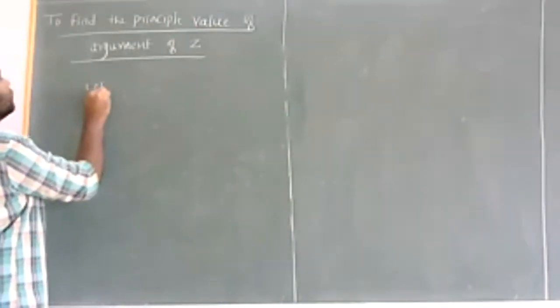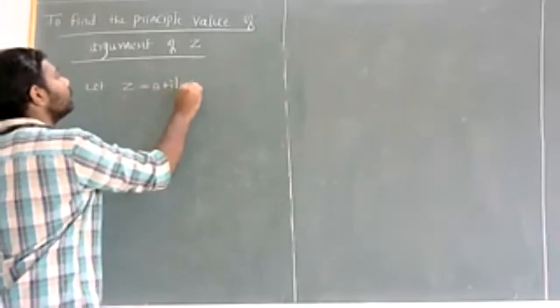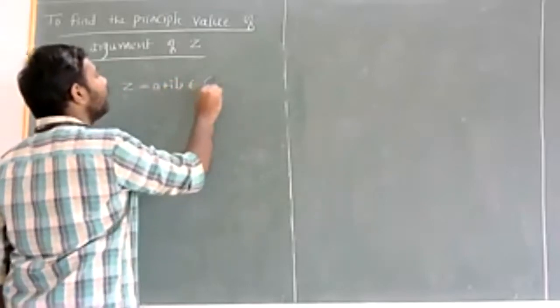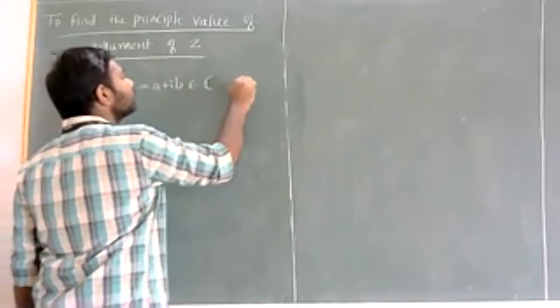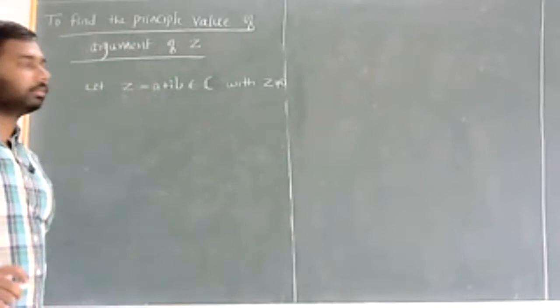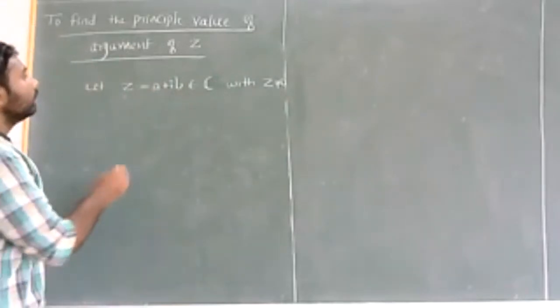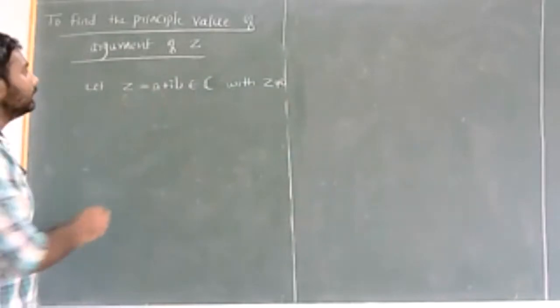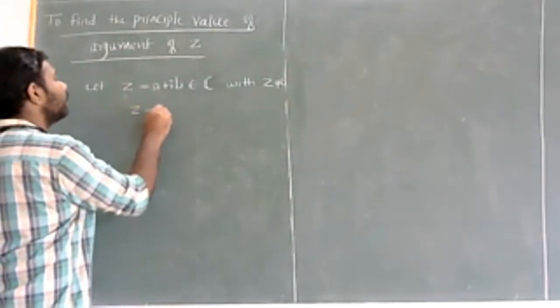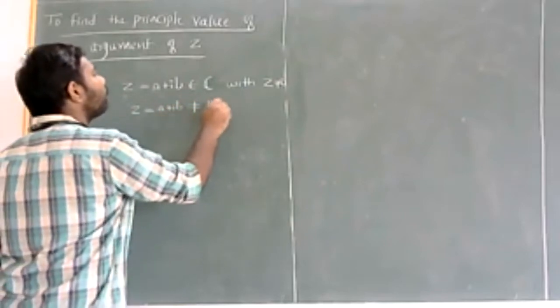Now I'll start with a non-zero complex number. Let z equal to a plus ib be any complex number with z not equal to 0. It is a non-zero complex number, so z equal to a plus ib cannot be the zero complex number.